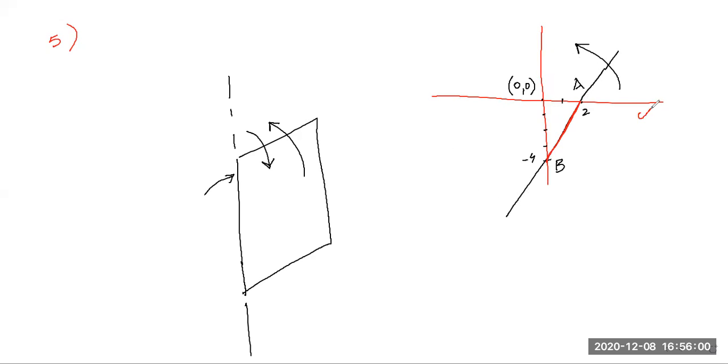It will be infinity, because the length of the line is infinity. We are not rotating the whole line. We are rotating only AB about point B, let's say.